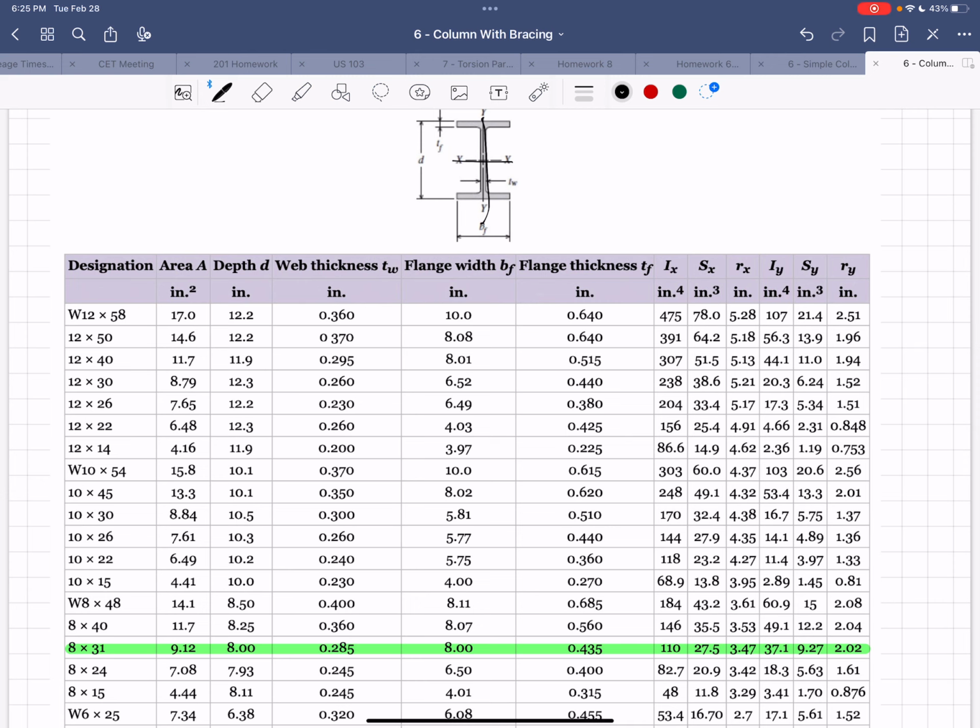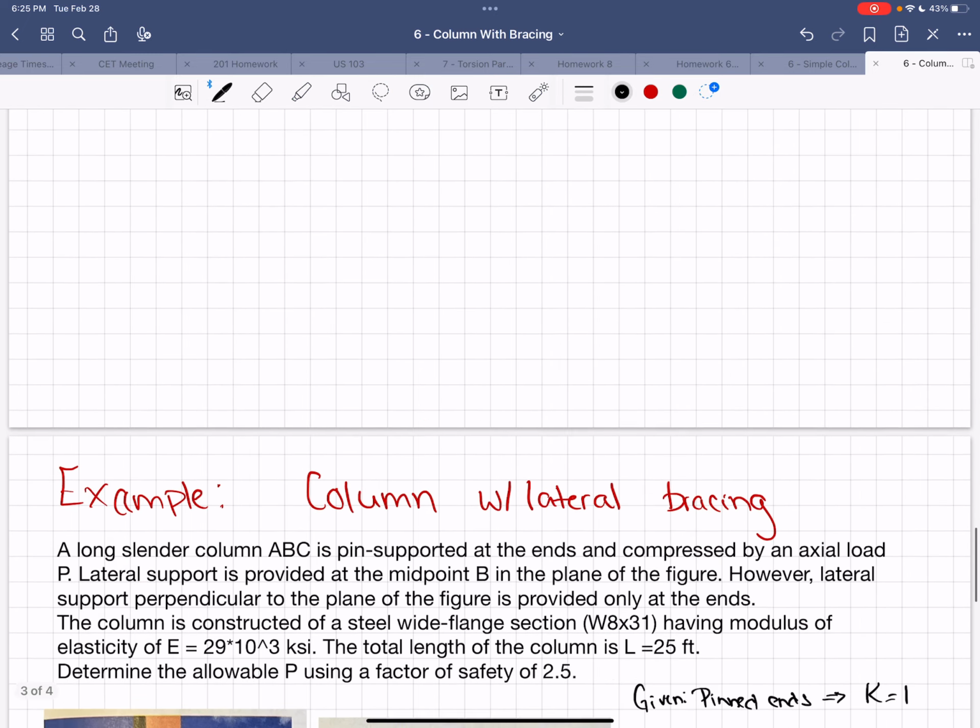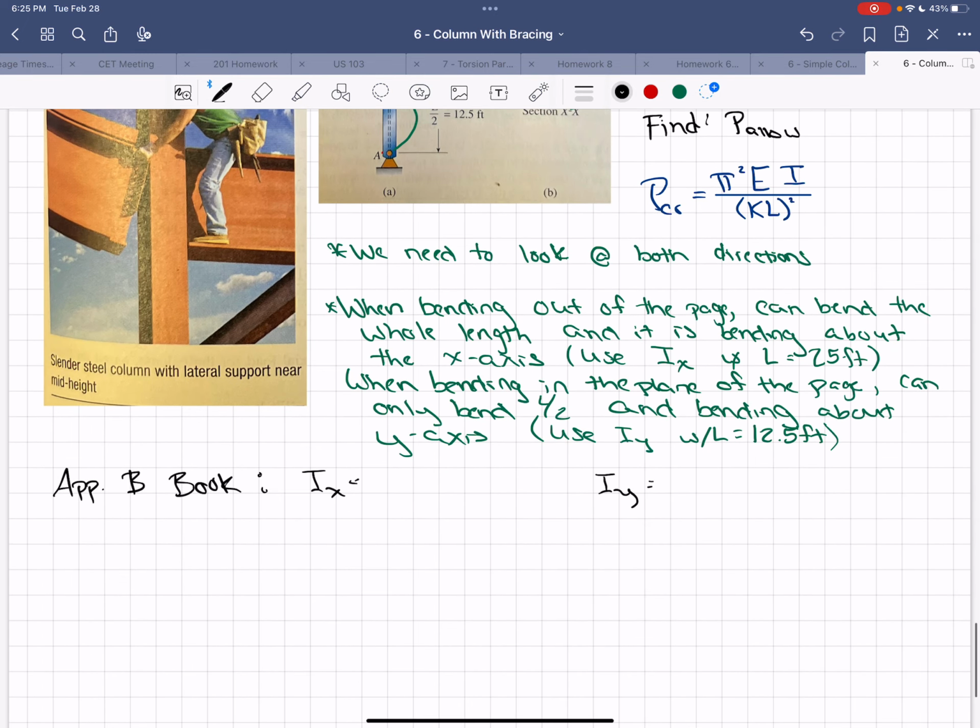We have an Ix of 110 inches to the fourth and an Iy of 37.1 inches to the fourth. Now we have to calculate a P critical for bending about X and a P critical for deflecting about Y.